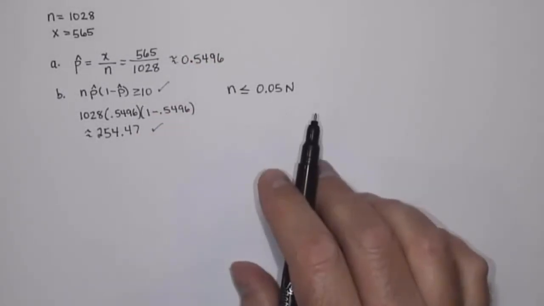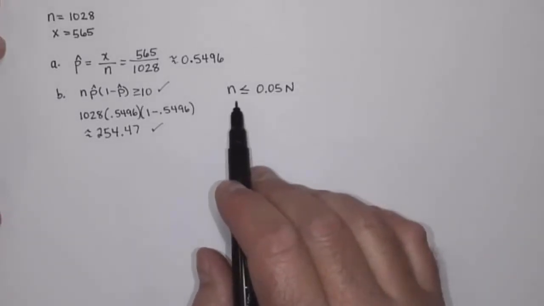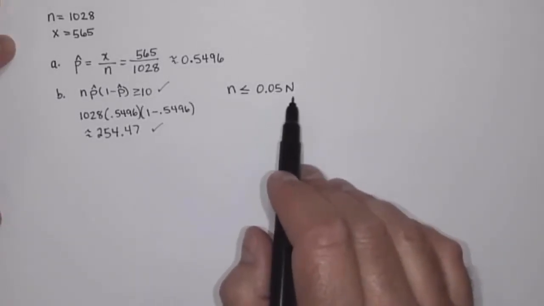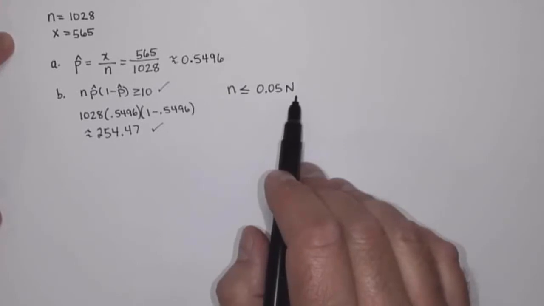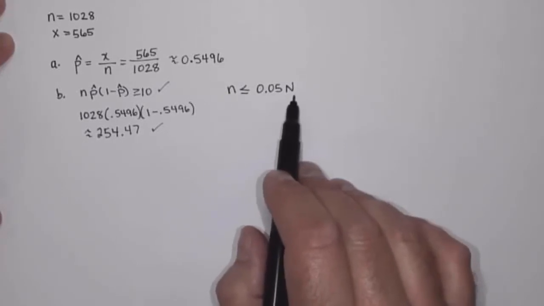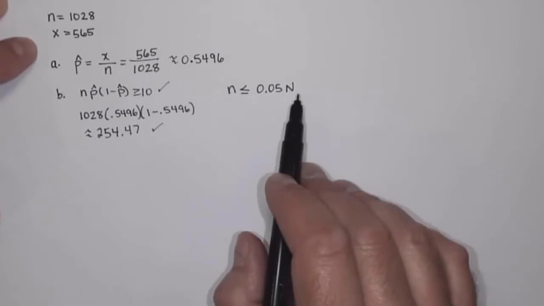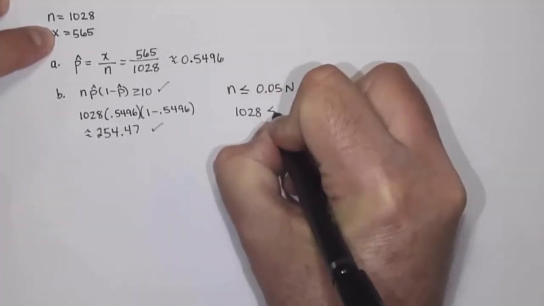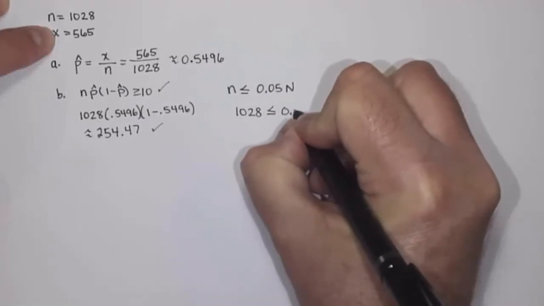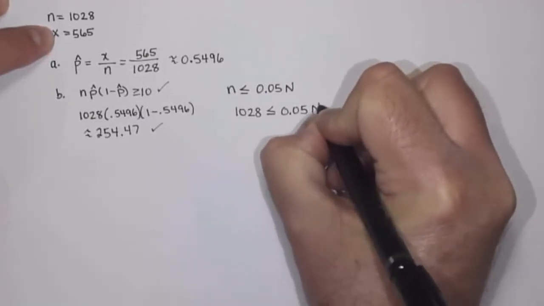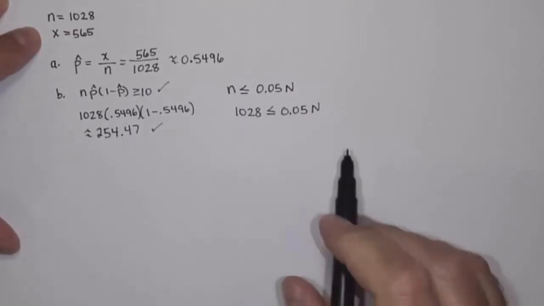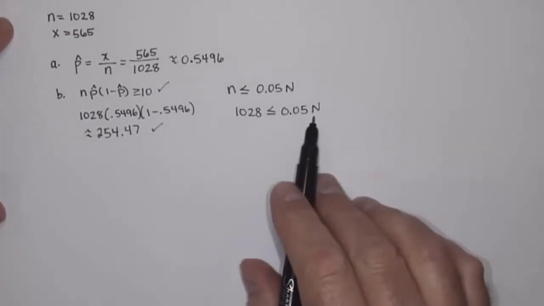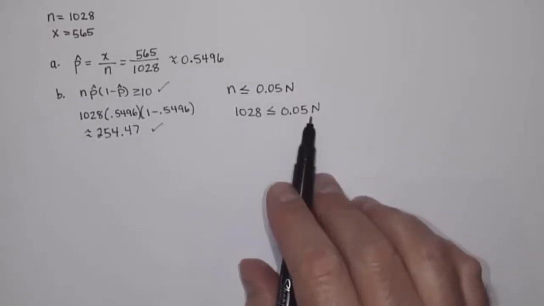Now the second condition, we need to make sure that our sample size is less than 5% of the population. The only trouble is we don't really know exactly what the size of the population is. So our 1,028 has to be less than or equal to 5% of the population. Again, we don't really know what the population size is, but we can kind of think about that. So our population is adult Americans.